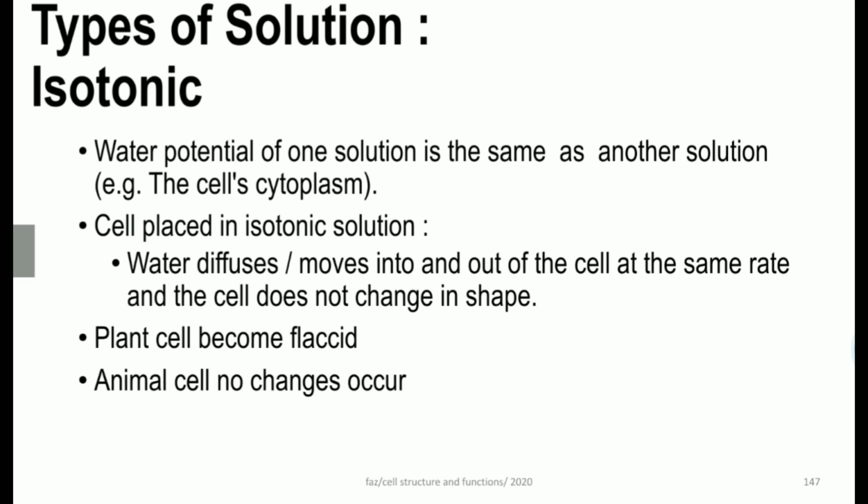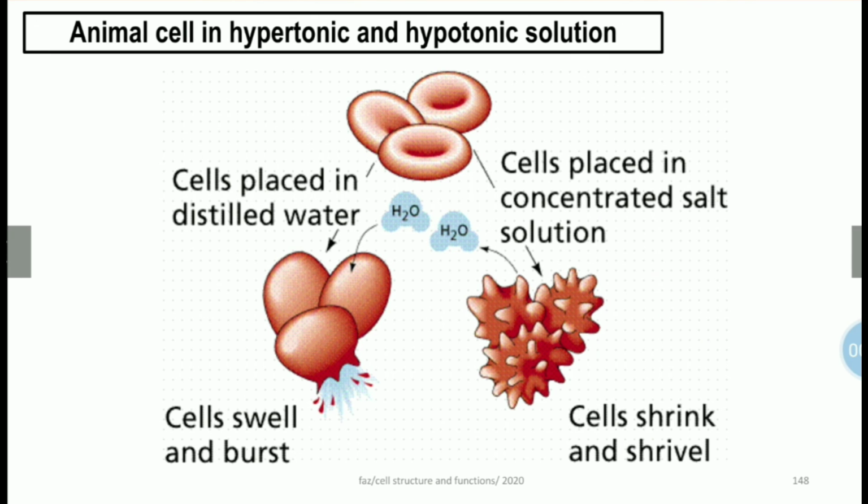We cannot say that there is no movement of water molecules at all. No, the movement still occurs, but at the same rate. So the plant cell will become flaccid, but the animal cell will experience no changes.